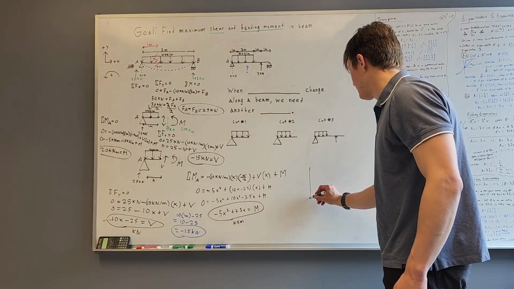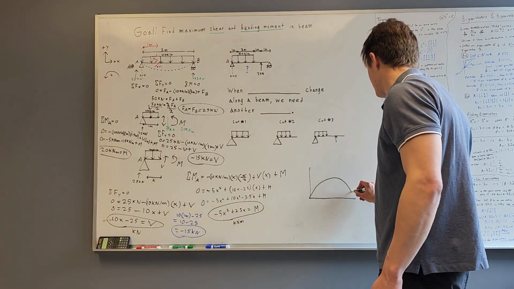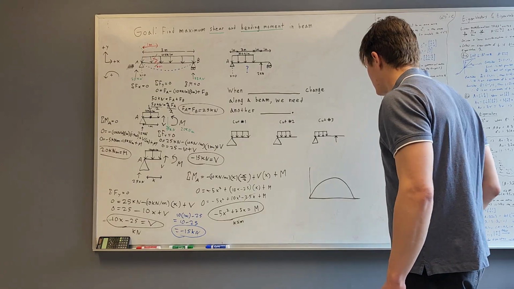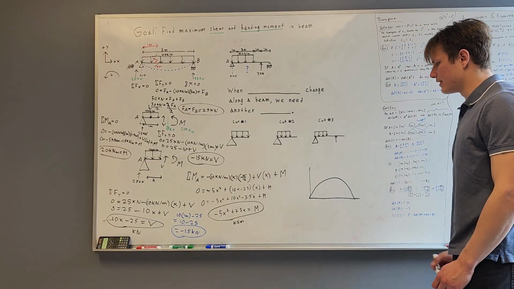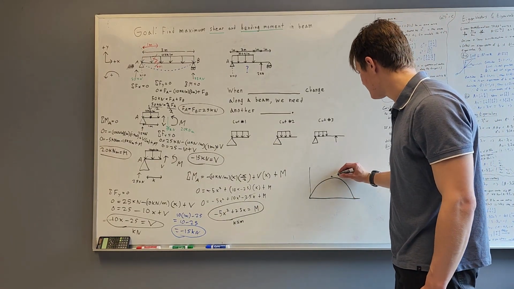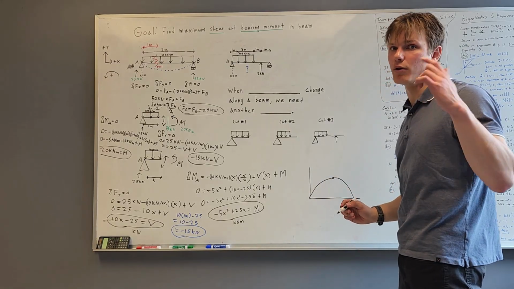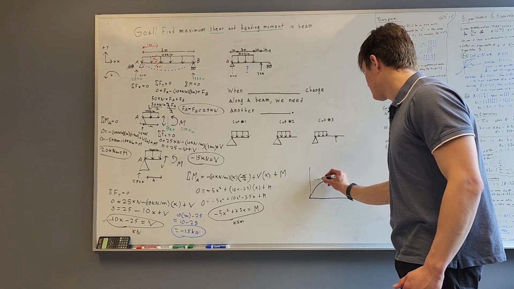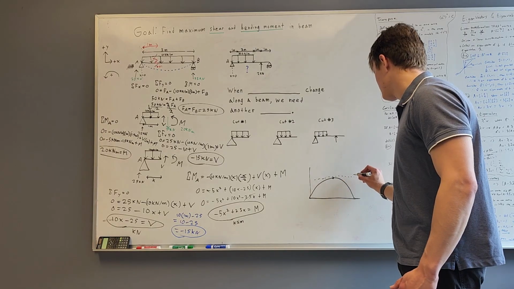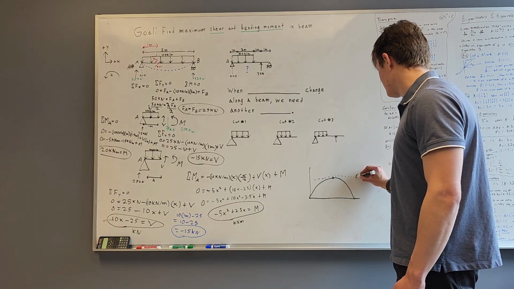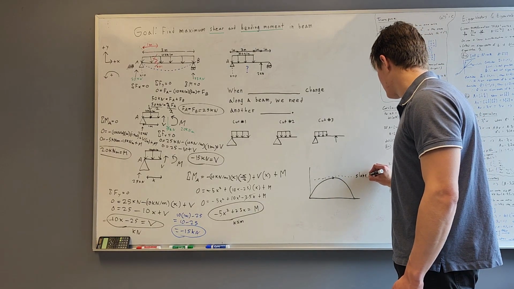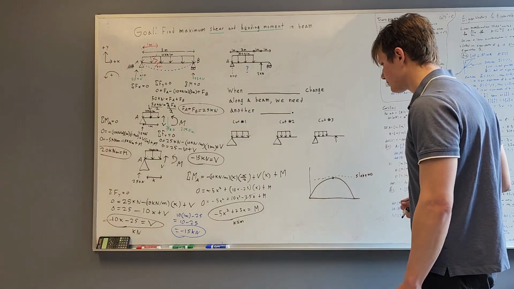So essentially, we'll have a graph that looks like this. And then we can see that at the maximum, the tangent or the derivative right here is equal to 0. The slope is equal to 0.